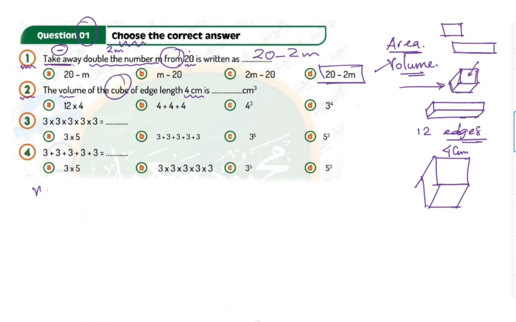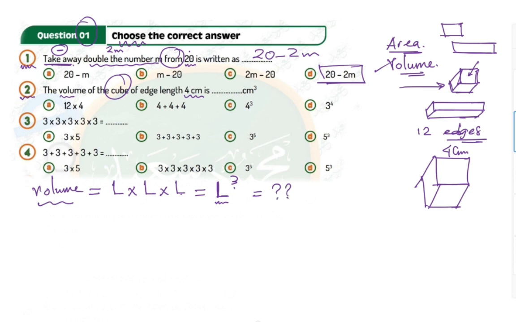The volume of a cube equals the side length times itself 3 times. When you repeat multiplication, that is the meaning of power or exponent. So the volume of a cube is the edge length to the power 3.